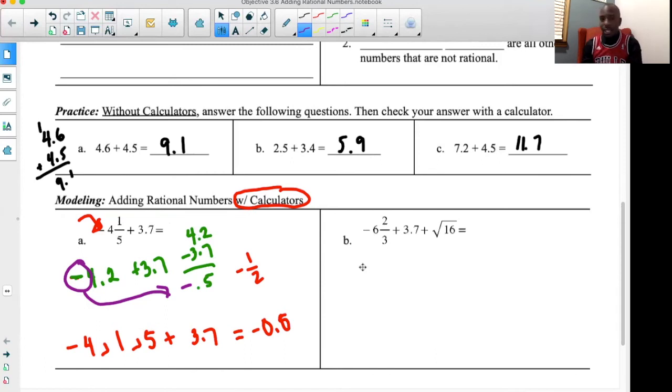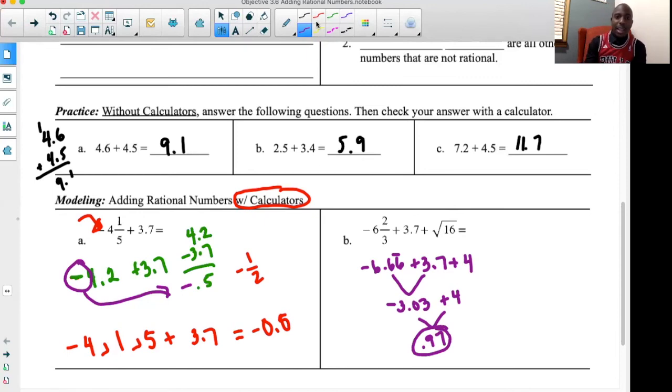You can write it out as negative 6.66, and this always repeats, right? Plus 3.7. Plus, if you type in the square root of 16 on the calculator, you'll get just 4. So you can always do these two first. After you get your answer for that, which is negative, let's say it's negative 3.03, something like that, you can then add 4, and you would end up getting your answer of like 0.97, right?